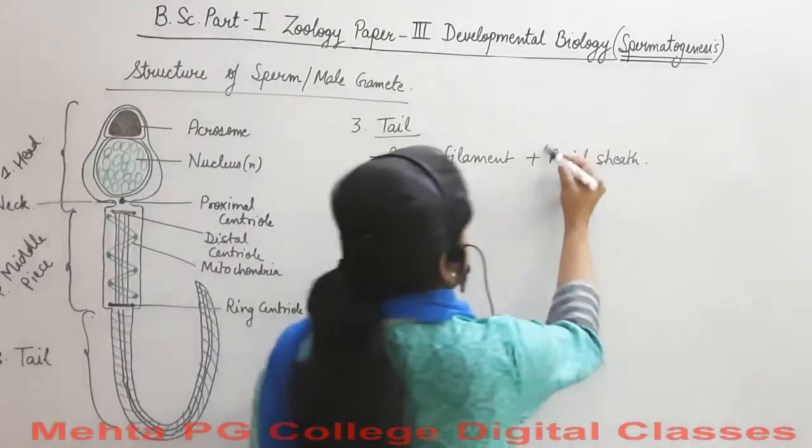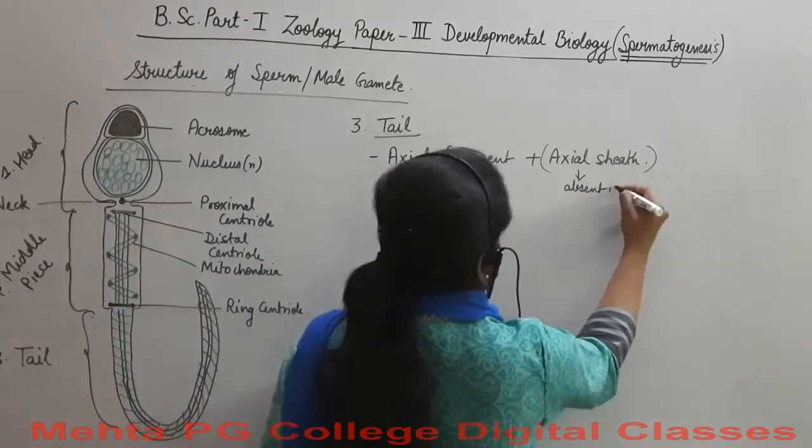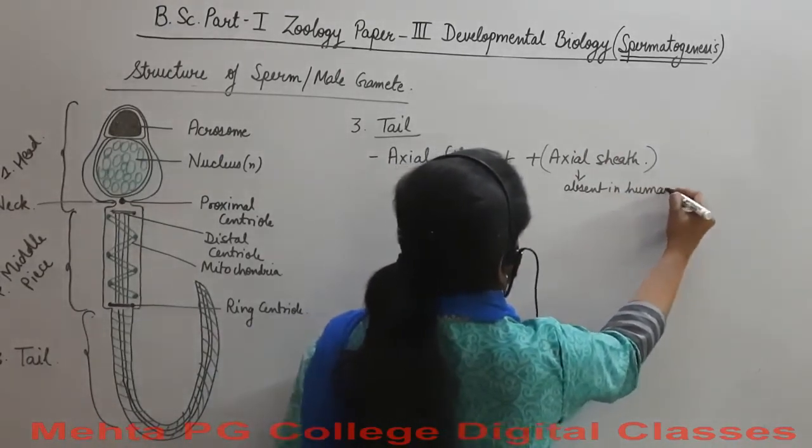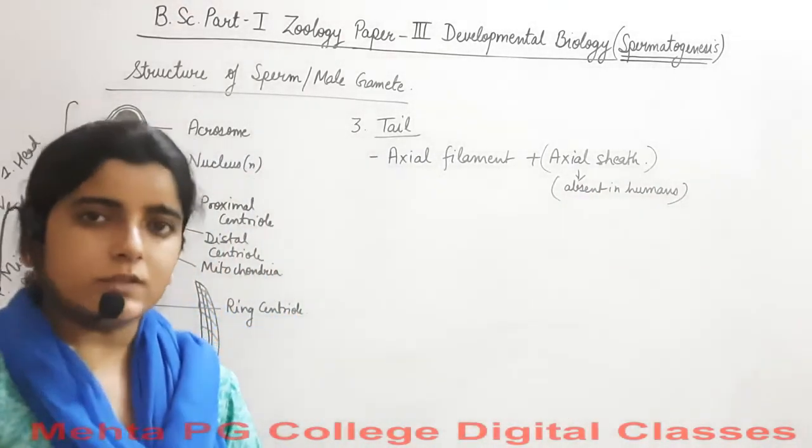But this axial sheath is absent in humans. Humans do not contain this sheath. Otherwise, most of the organisms have this sheath.